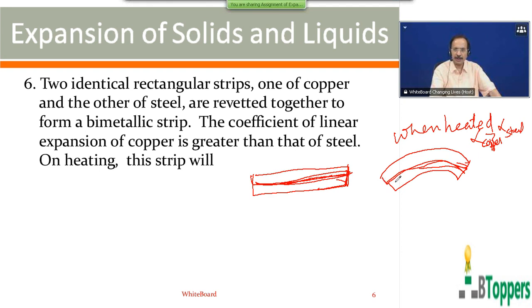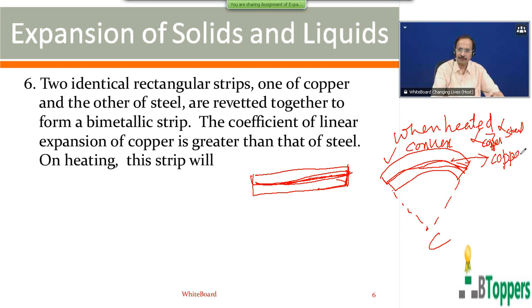So the strip will bend in the form of an arc of a circle. The length of the outer arc will be larger than the length of the inner arc. Here see the center of curvature of the arc. The metal with the greater coefficient of linear expansion will expand more, will have greater final length, so it lies on the outer side. That means copper will bend on the convex side when heated.